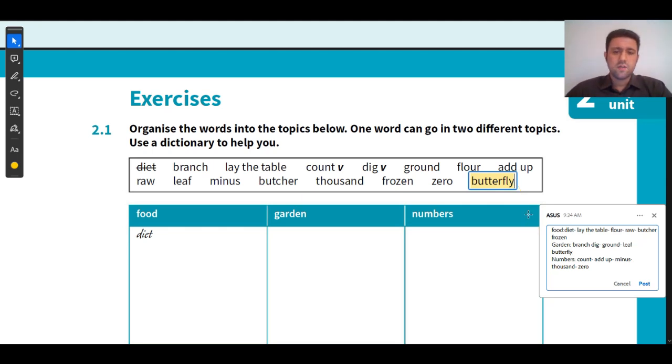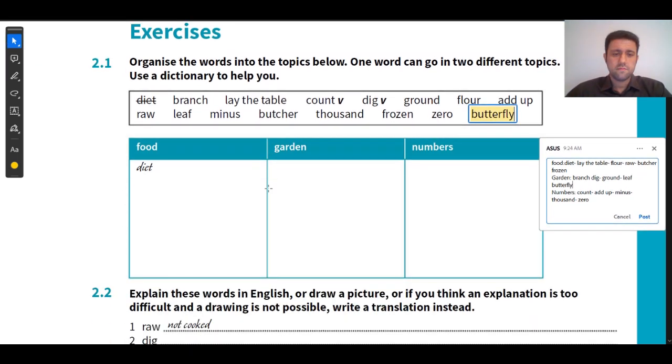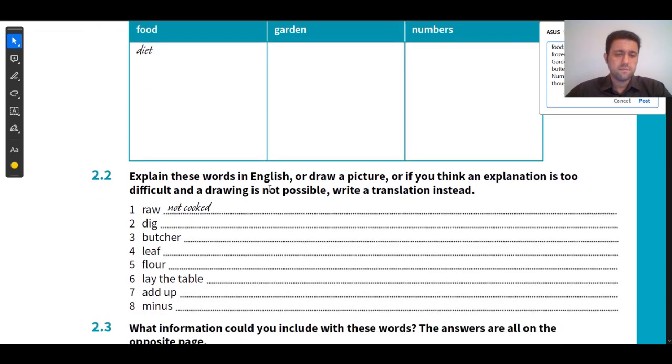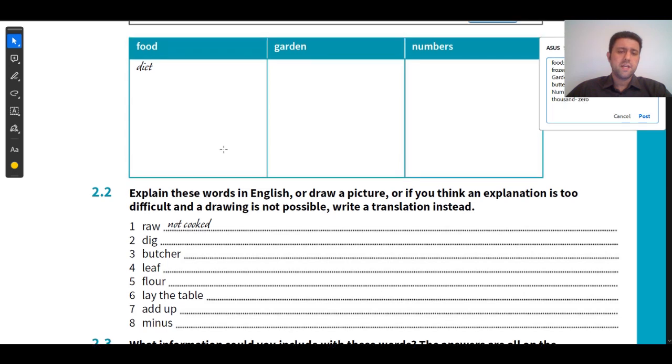So let's go to the other part. Explain these words in English, or draw a picture, or if you think an explanation is too difficult and a drawing is not possible, write a translation itself. So as I said, raw means not cooked. I explained the meaning here.